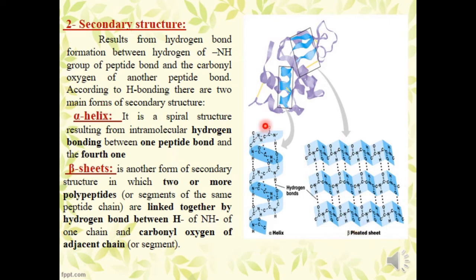This alpha helix is stabilized by intramolecular hydrogen bond, between one to another, the one that is close enough, like this one. Beta sheets are formed from two or more polypeptides.